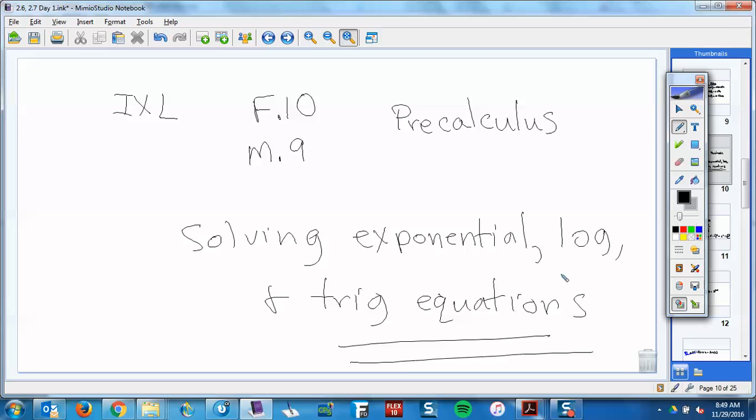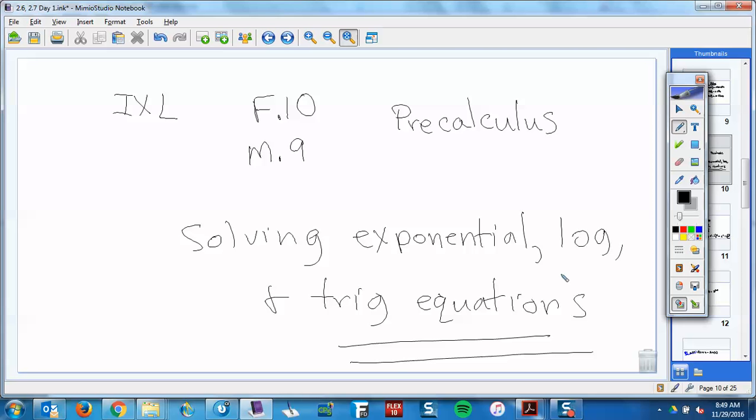I just kind of threw this in here. I've already assigned these, I think, at one point. If you want to jot this down, here's a couple of IXLs, just practice on solving. You're going to have plenty of homework to be doing this week.